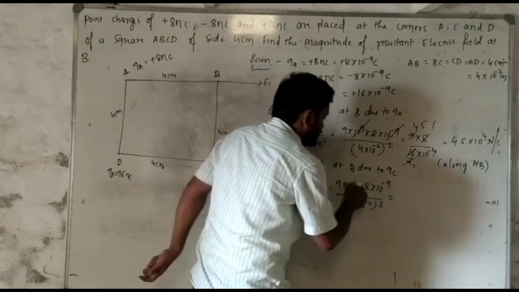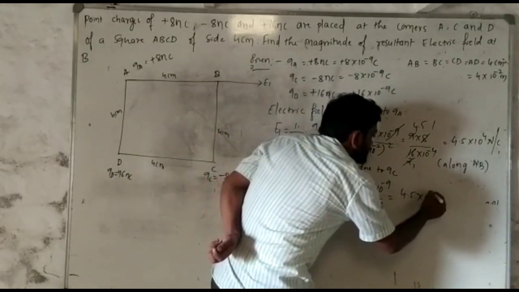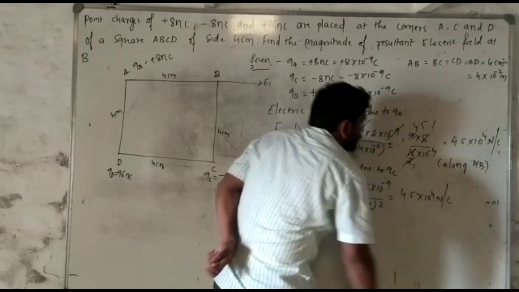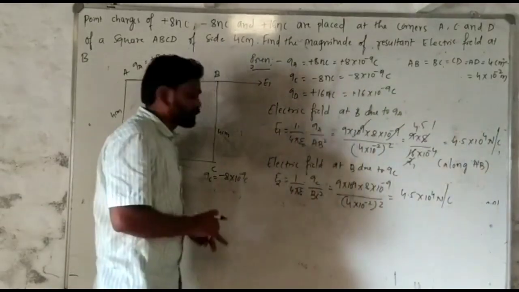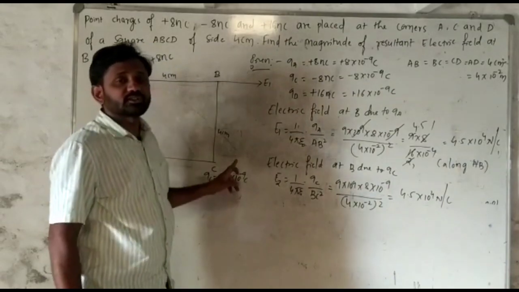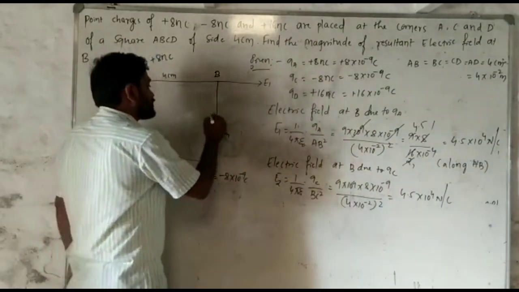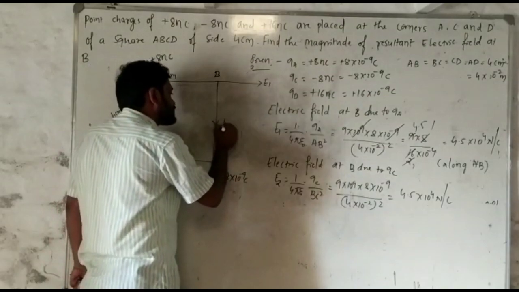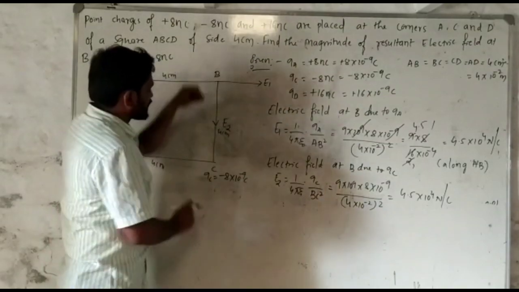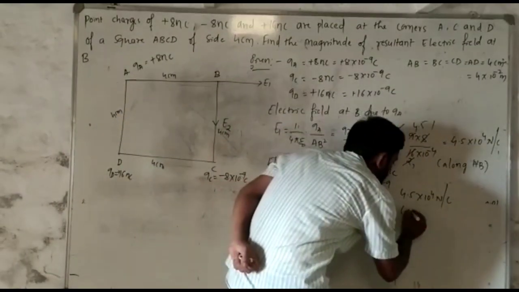Simplifying, we get 4.5 into 10 raised to 4 Newton per coulomb. Then what is the direction of E2? QC is a negative point charge, so the direction of the electric field is directed towards the charge. That's why the direction of E2 is along BC.